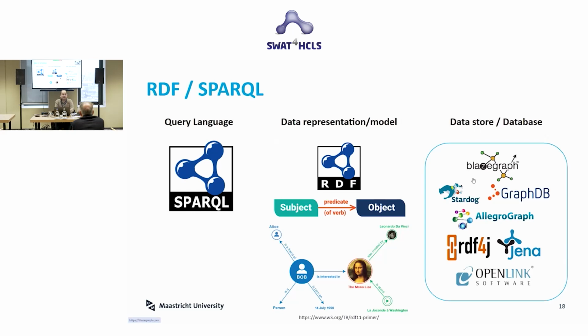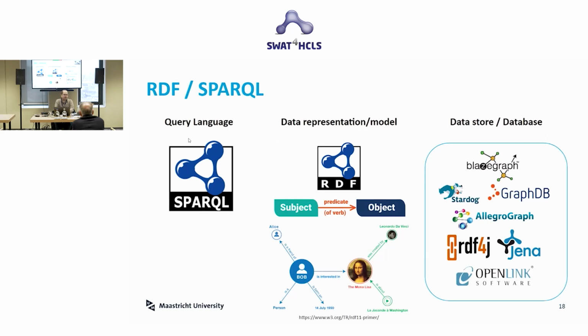There are many vendors in the market providing this software where you can deposit your RDF data: Blazegraph, GraphDB, Stardog, Jena, Virtuoso, and so on. I'm not sure if you heard of any of them, but they are vendors like Microsoft Excel, right? Google Sheets, like Python, right? They are vendors who created the software where you put your RDF data in and then you can do things with it.